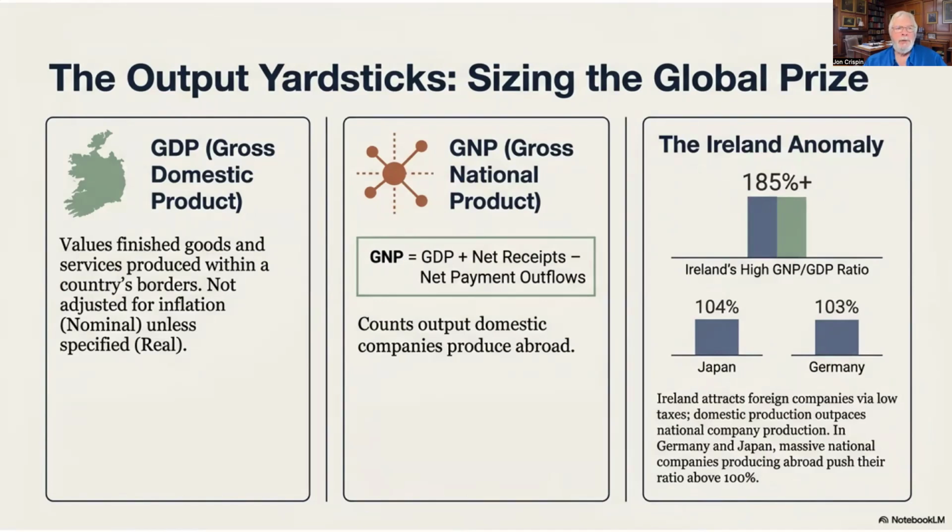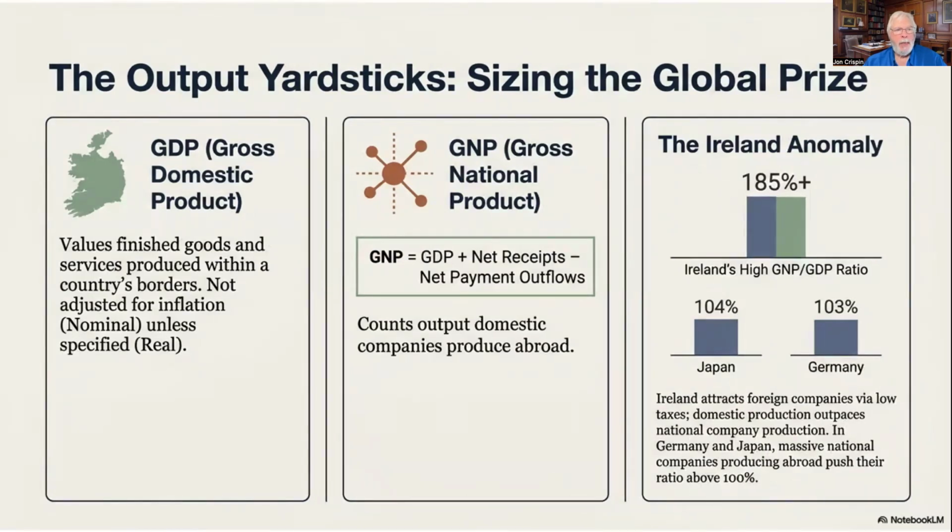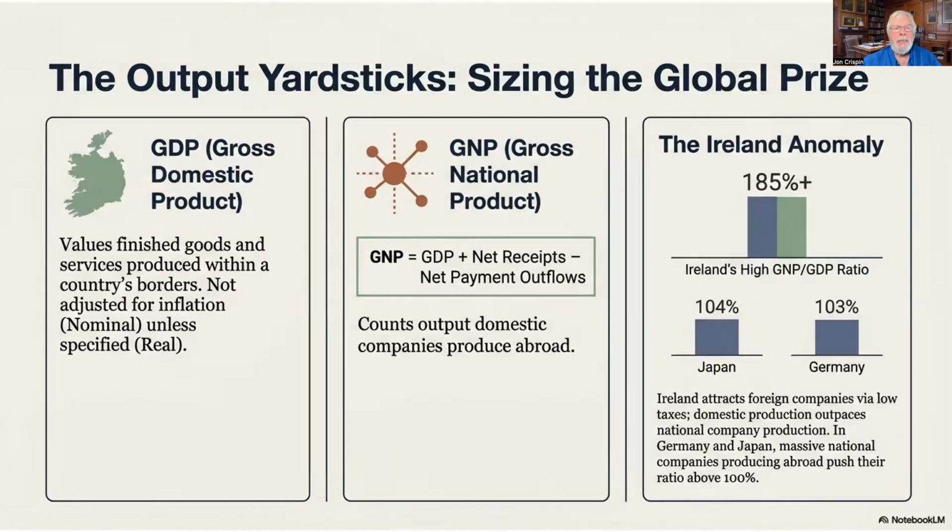Gross domestic product is the value of finished goods and services produced within a country's borders, not adjusted for inflation, so nominal unless otherwise specified. GNP is a little different. It's a little broader than that, where GDP plus net receipts minus net payment outflows gives a better picture of a country's gross national product.